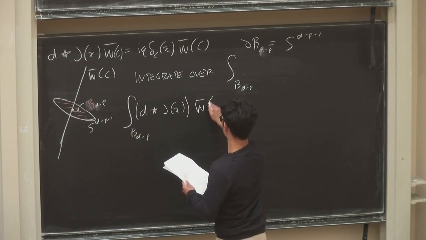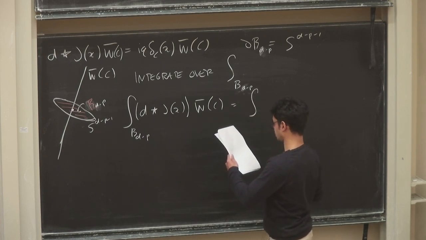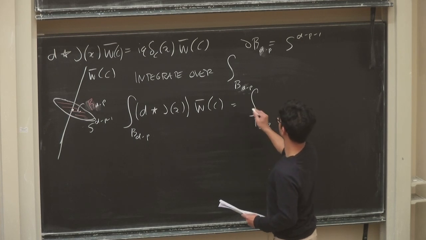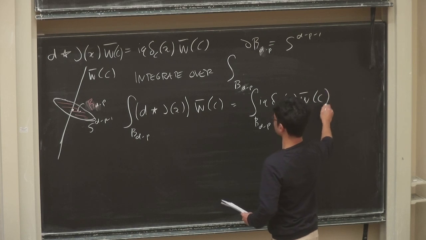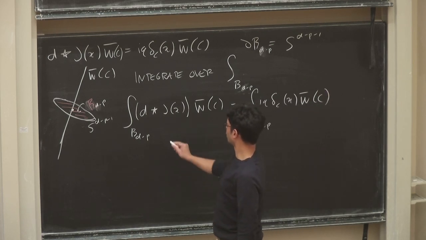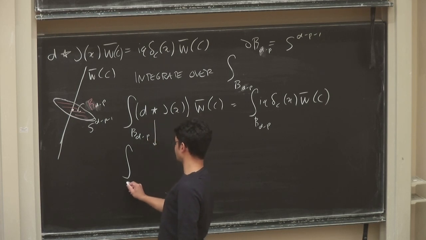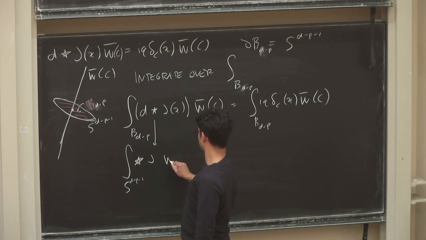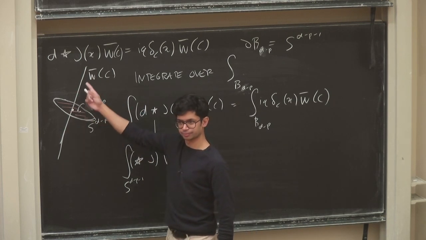And then I have again W(C) equals the integral over B^(D-P) of i q delta_C(x) W bar(C). On this side, I use Stokes' theorem to reduce this to an integral on the boundary, which is the S^(D-P-1) integral of the form star of J. This is a correlation function between star of J and this line operator.